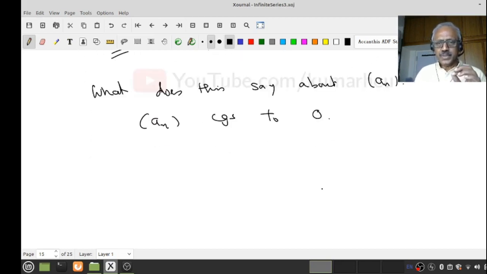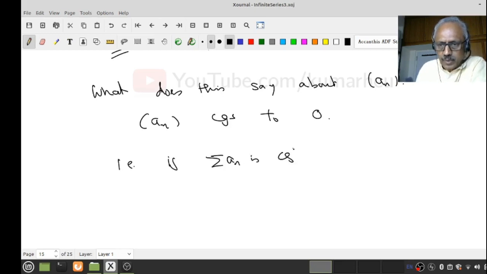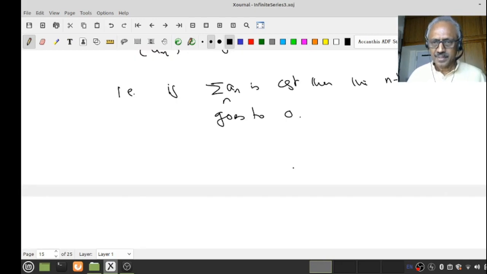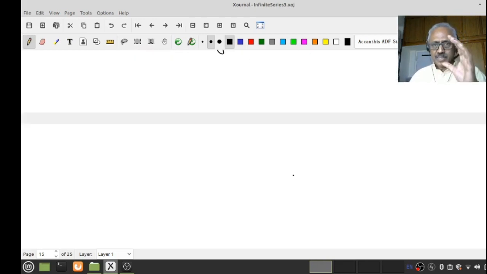Okay. Usually the teachers will write in textbooks, they will say, if summation a_n is convergent, then the nth term goes to 0. This is what usually textbooks will say, and teachers will also write. But we are going to cast it in a modern way. Remember, when I want to talk about infinite series, I have to start with a sequence of numbers, right?